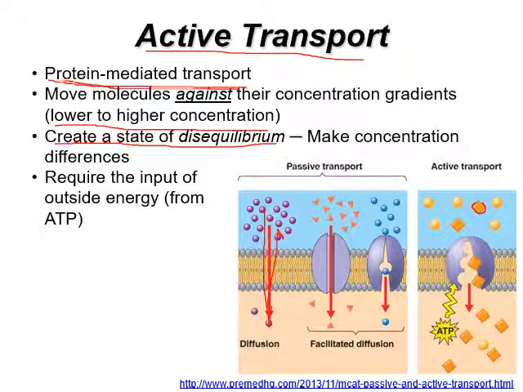There's low here, high here, and the squares are being moved in this direction. But what's required is the cell has to use some form of energy. Could come as ATP, and we're going to see with secondary, it comes from another form of energy. But again, the cell has to use energy because we're going against that concentration gradient.